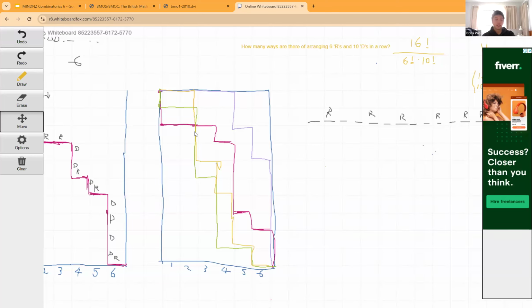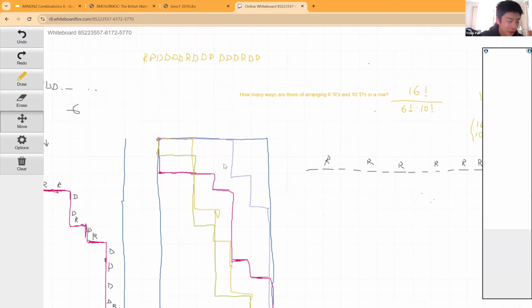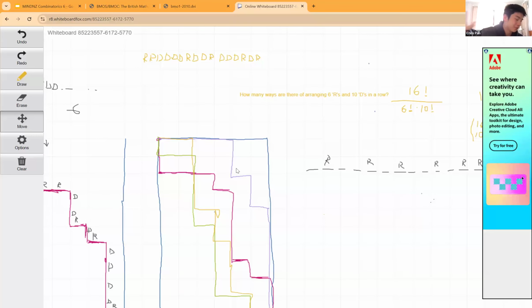So by going through this series of steps where you simplify the problem every time, eventually you get this pretty nice clean answer of just 16 choose 6.